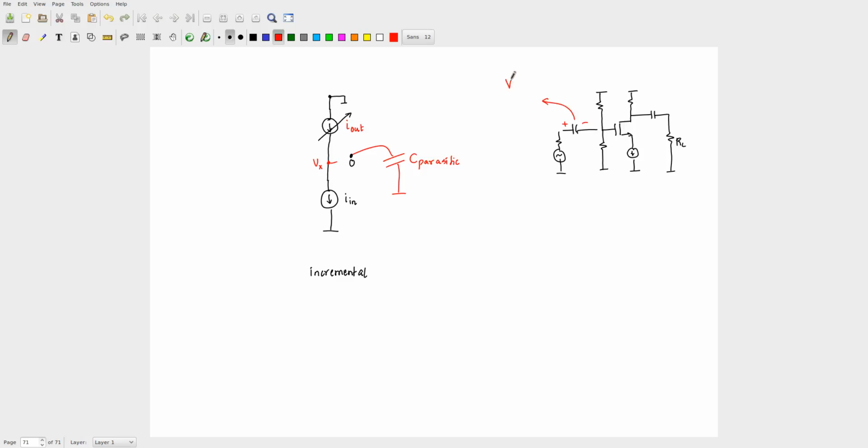It is 0, right? That's how we designed it. In the incremental circuit, we want this capacitor to behave like a short, so you actually want this answer to be 0. That's just an aside to keep in mind.